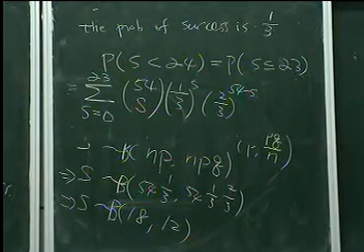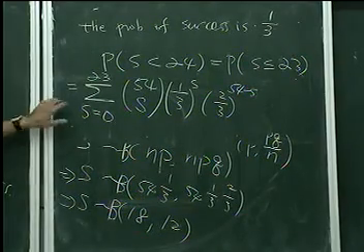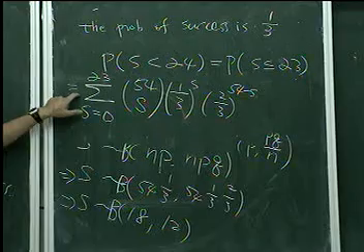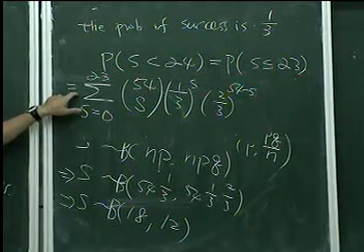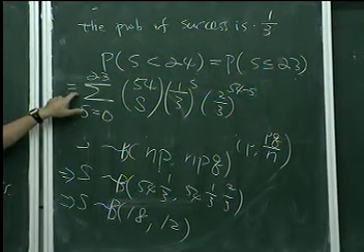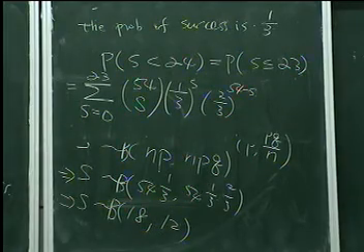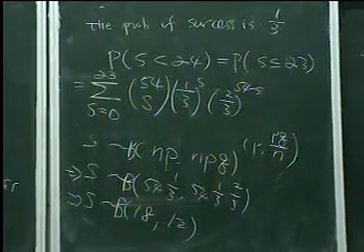Then let us try to figure out. This is one way: we use the binomial distribution. And now, what about if we're going to use normal distribution? Let us try here.